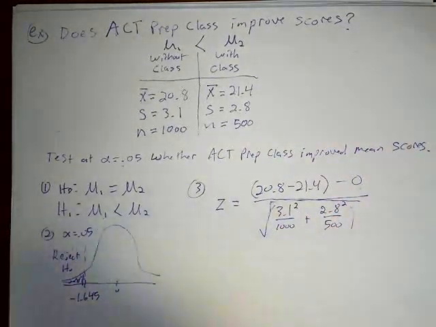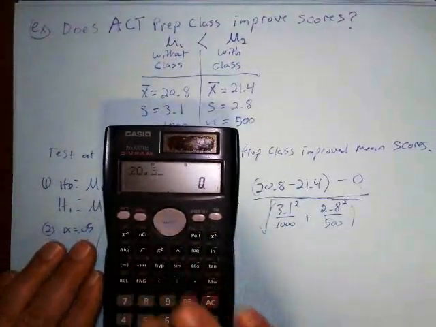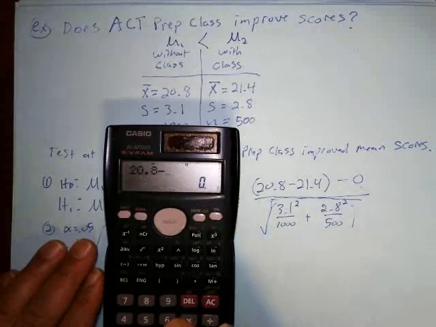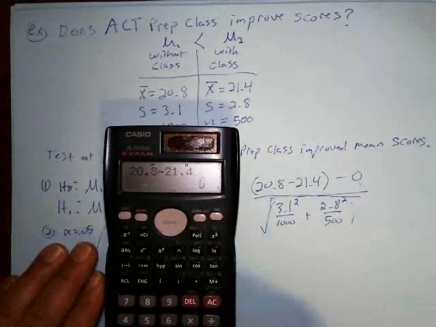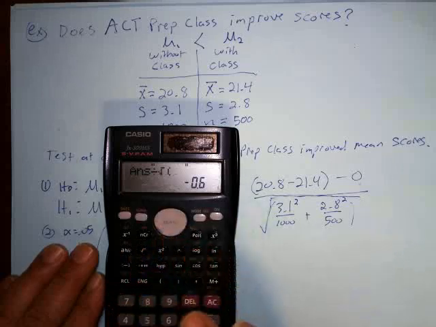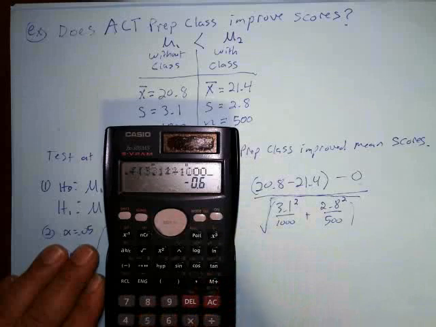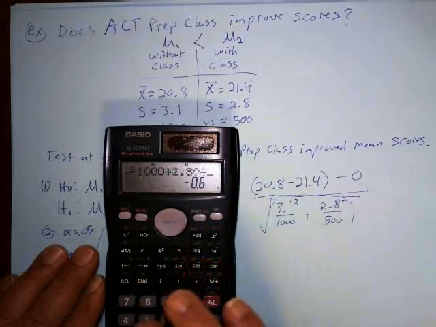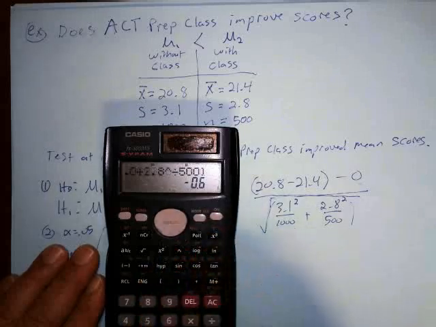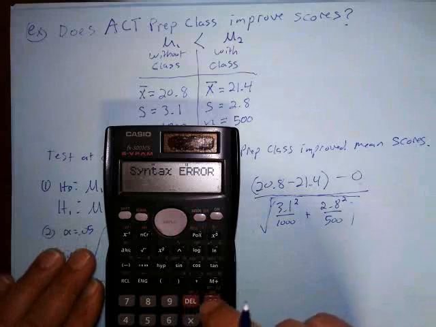So let me put it in my calculator and see what we get. 20.8 minus 21.4. I'm going to divide that by the square root of 3.1 squared over 1,000 plus 2.8 squared over 500. Oh, I got a syntax error.